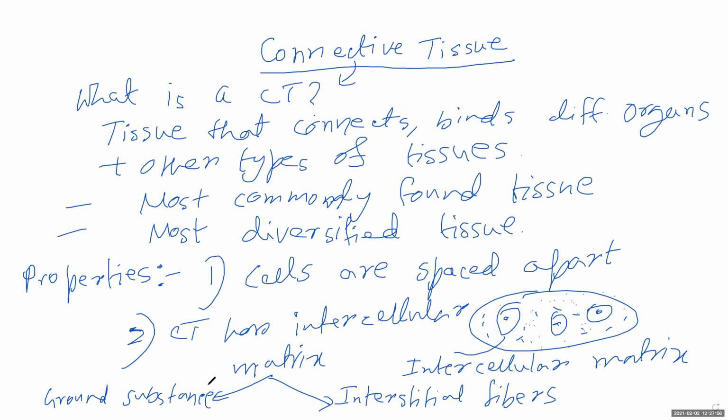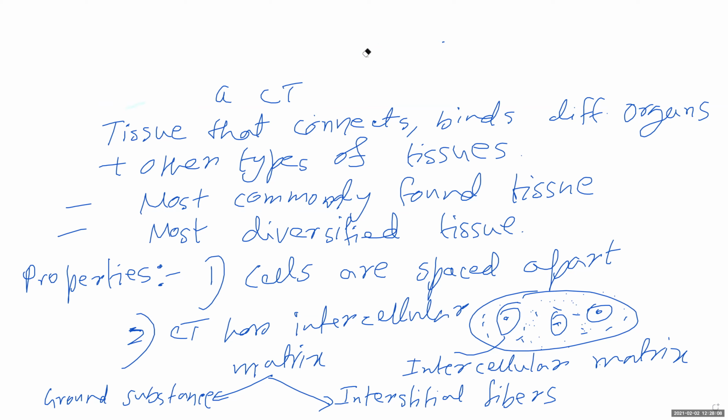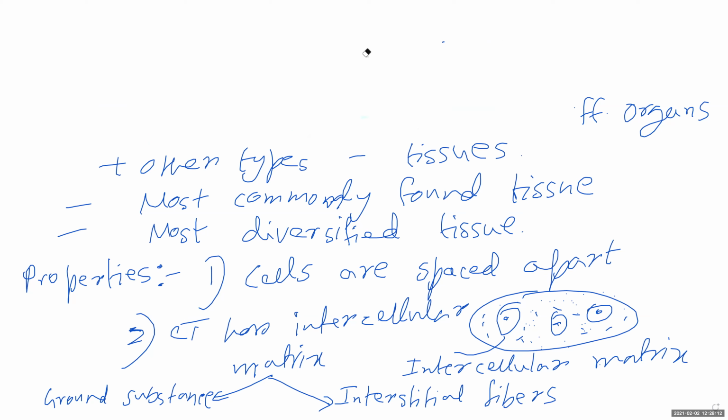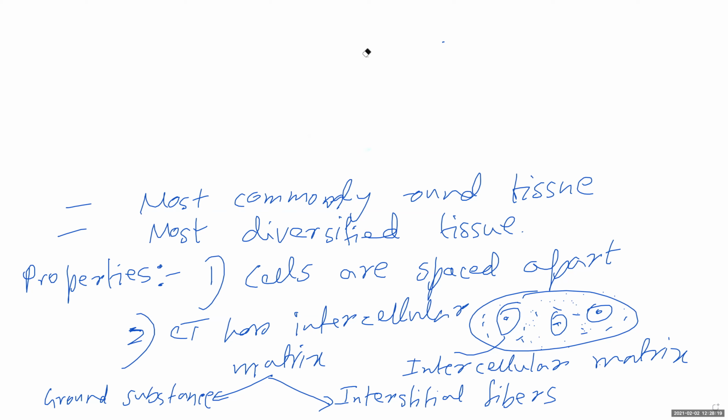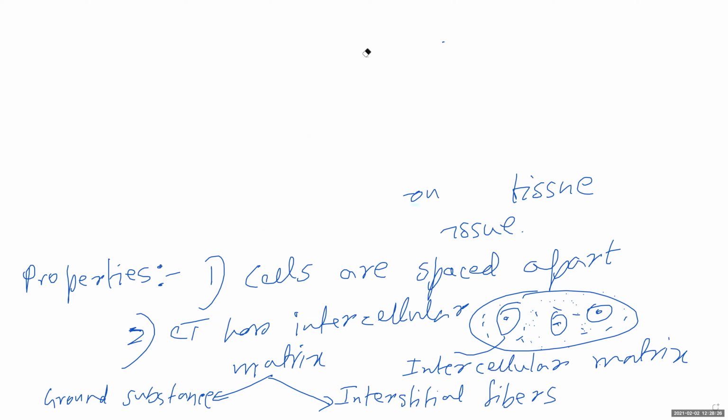This ground substance could be made of different things. So as we move on a little bit and we talk about different types of connective tissue, you will see that the reason why we call this the most diversified tissue is because this tissue is made of a wide variety of substances, a wide variety of cells, and has diversified function.